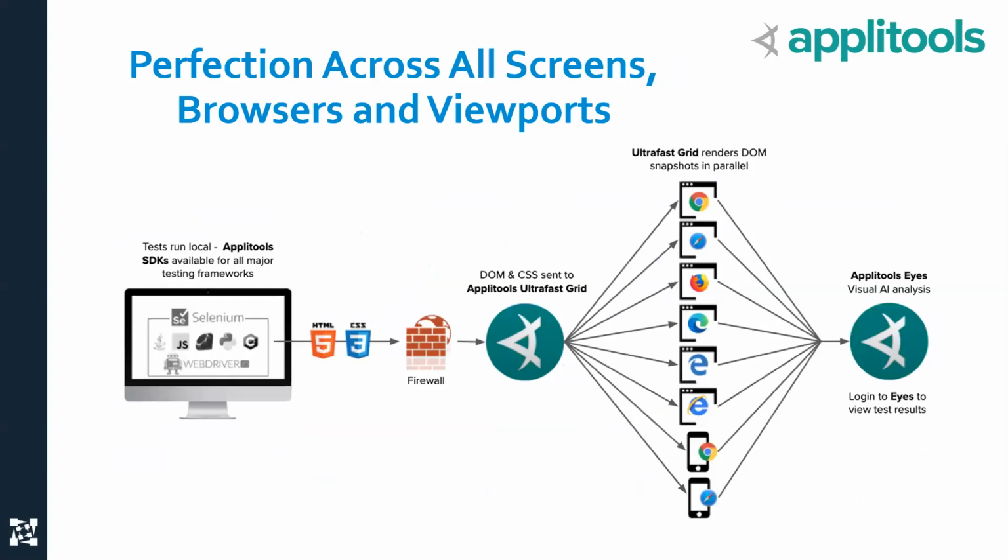I'm excited to tell you about the ultra-fast grid. This product is really innovative, right? We have a much different philosophy here at Applitools when it comes to cross-browser testing than a lot of the cloud providers out there. Our approach to cross-browser testing is that modern browsers are working with JavaScript all in a very similar manner.